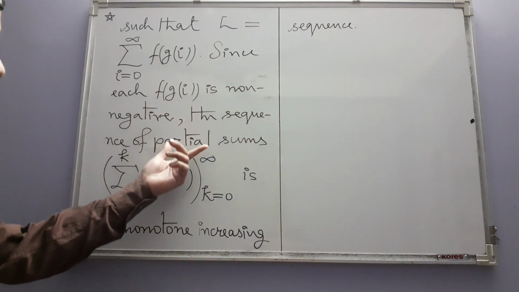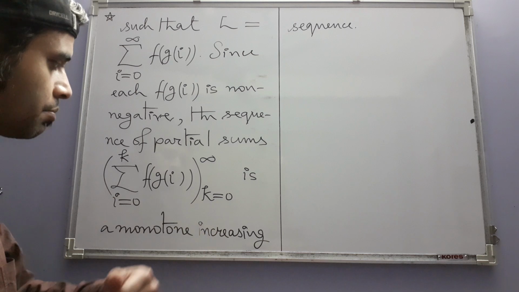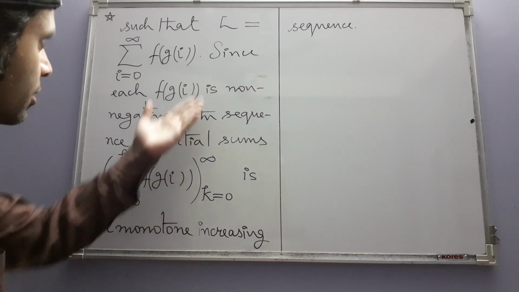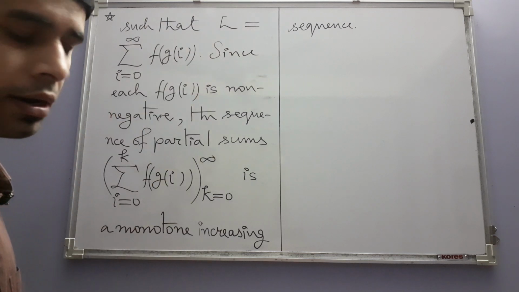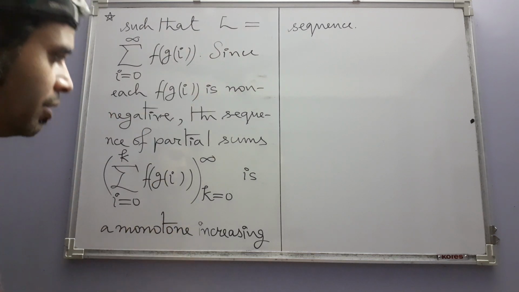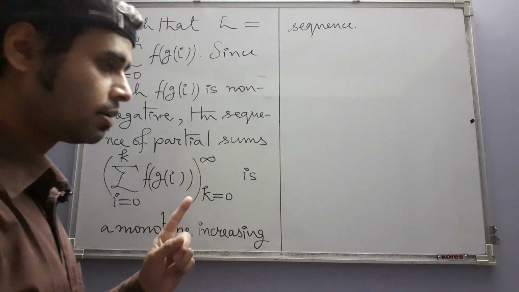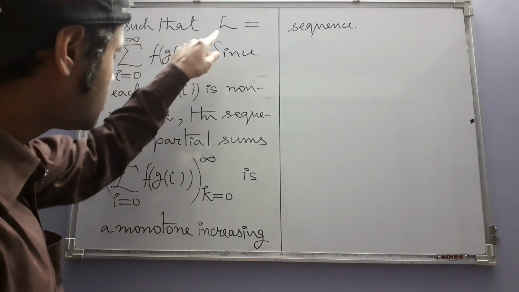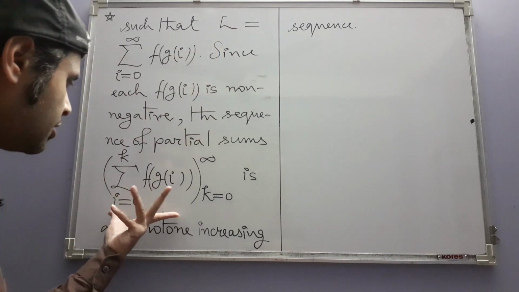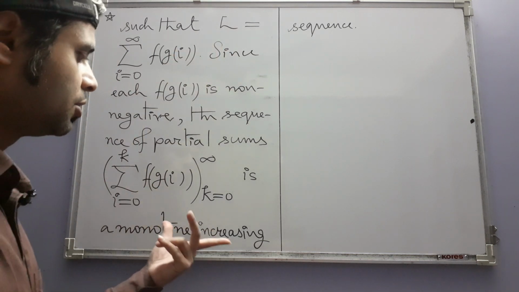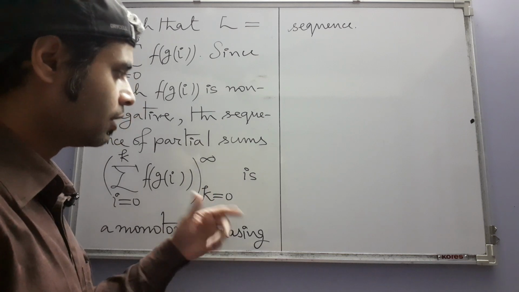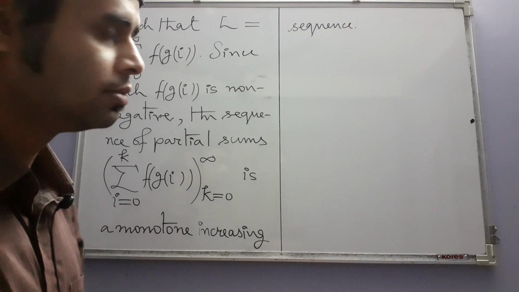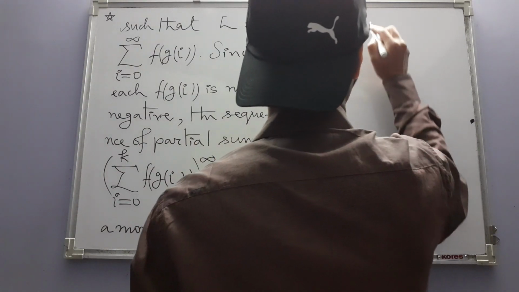Non-negativity of these terms made this sequence monotone increasing, but we already know that this sequence is convergent because the sum of the series is L, so that means it should be bounded above. And by again proposition 638, this limit, which is actually the limit of this sequence, must be its least upper bound, supremum, because that is the theorem.